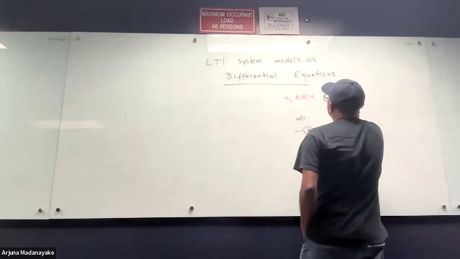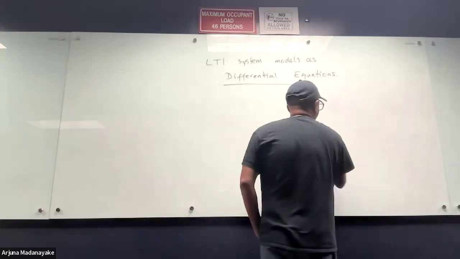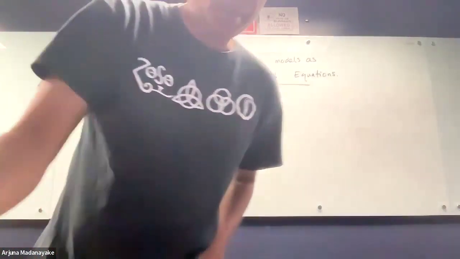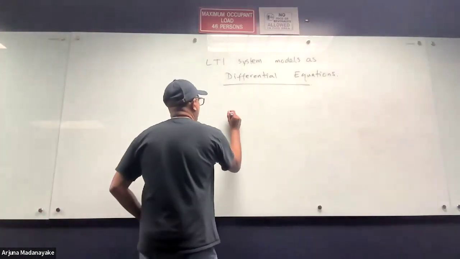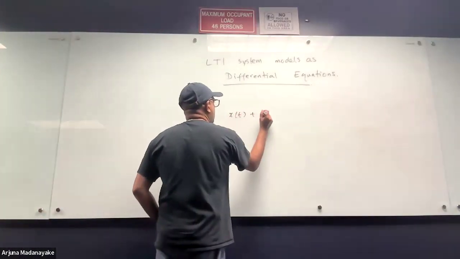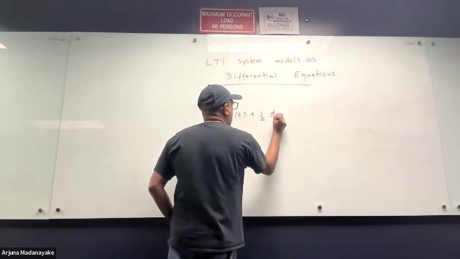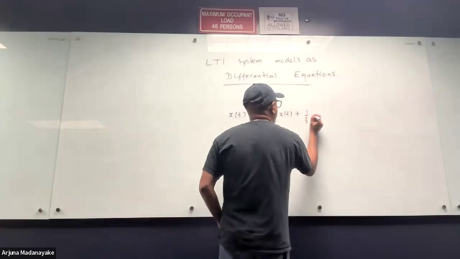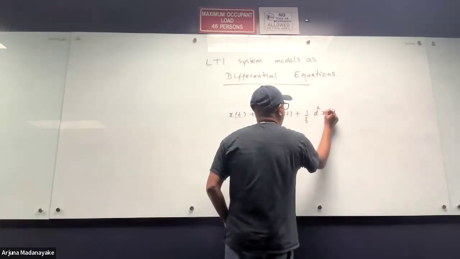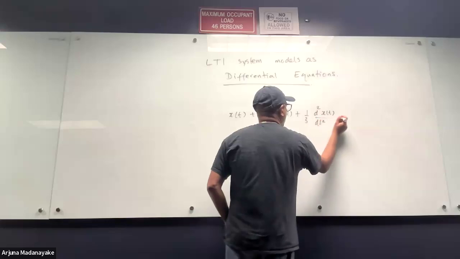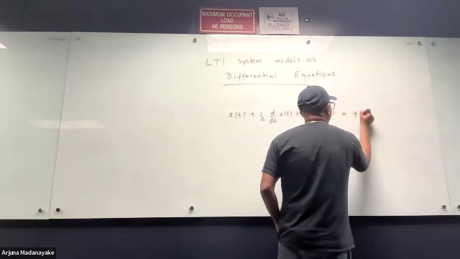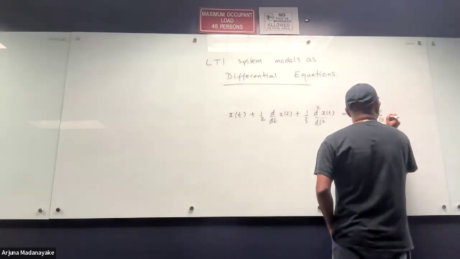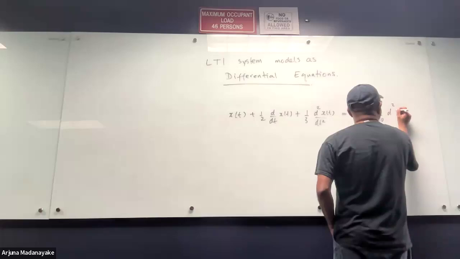So let's do a problem. x of t plus 1/2 d over dt x of t plus 1/3 d2x of t over dt squared is equal to y of t plus 1/10 d2y.